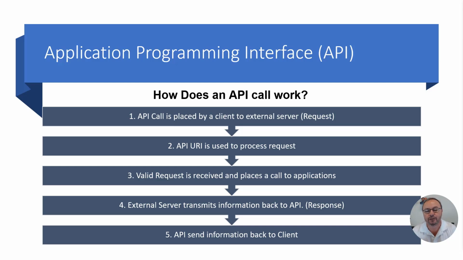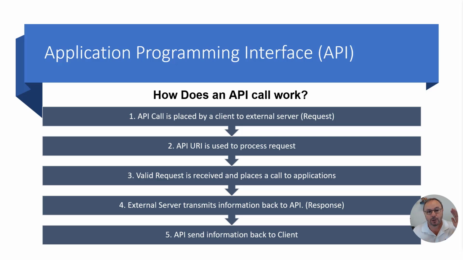So to do that, it needs to have the API URI to be able to process that request. That is the Universal Resource Indicator, or locator is another term we would use. We also would then need a valid request. If it's received, then the applications that are being called will then transmit that response back.